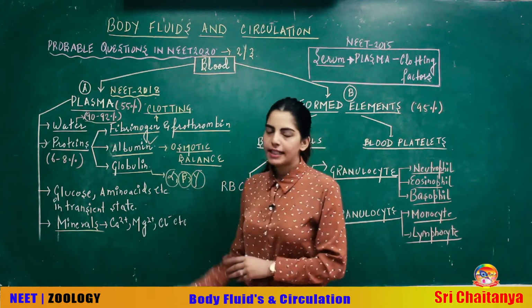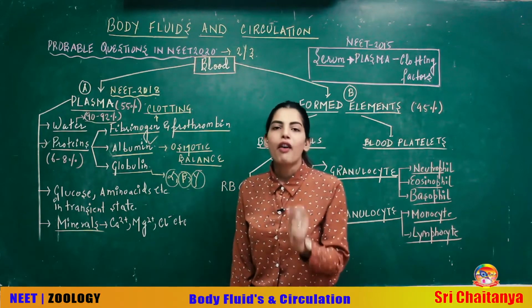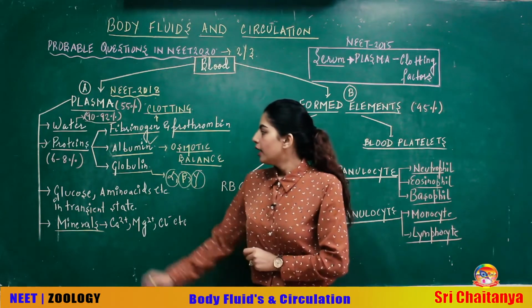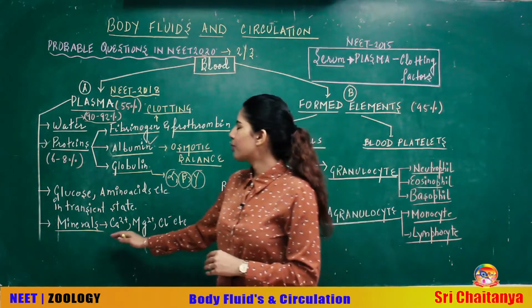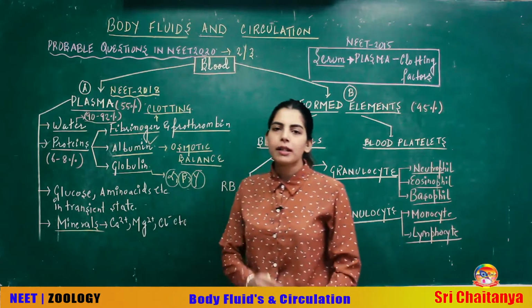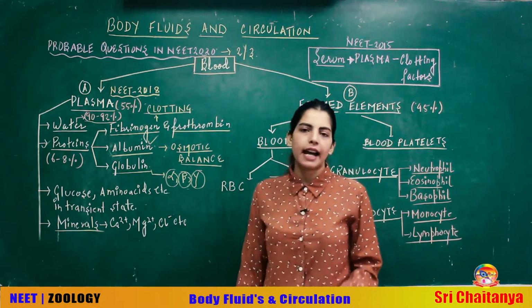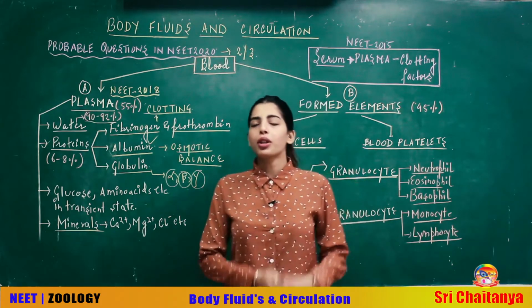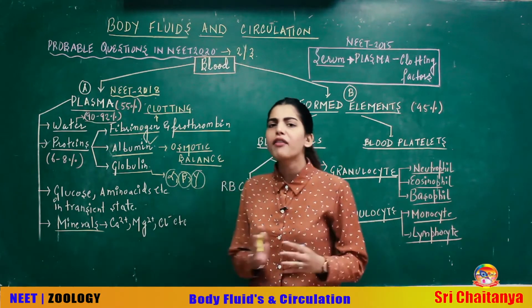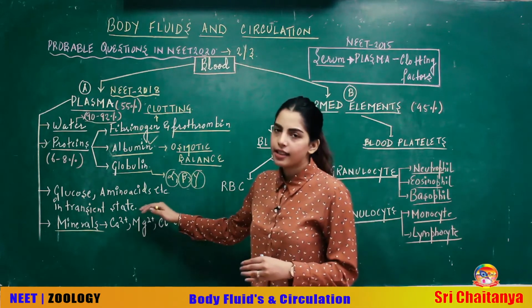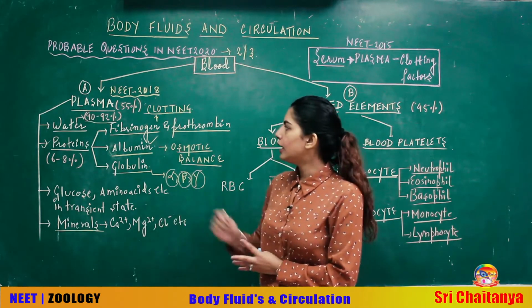So different proteins, but it is important to know the function of each. Then the remaining part consists of different types of minerals like calcium, magnesium, chloride ions, etc. Also in your plasma you have got glucose, amino acids and everything in the transient state. So that's the composition of the plasma.